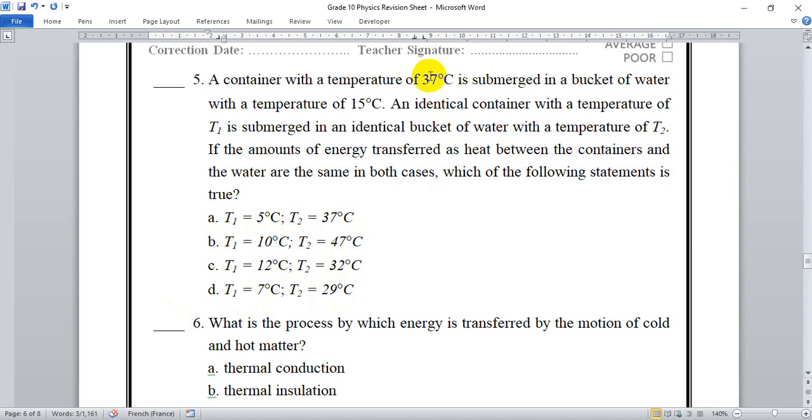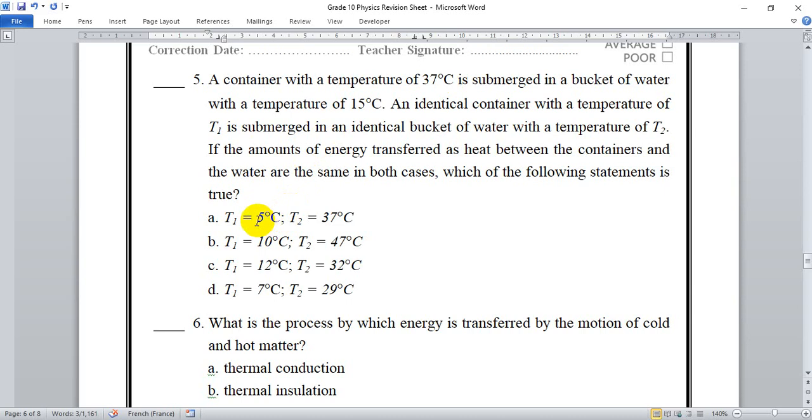Here the temperature is 37 and here the temperature is 15. The difference between them equals 22. For the same amount of heat to be transferred between the other two objects, the same difference in temperature should exist.